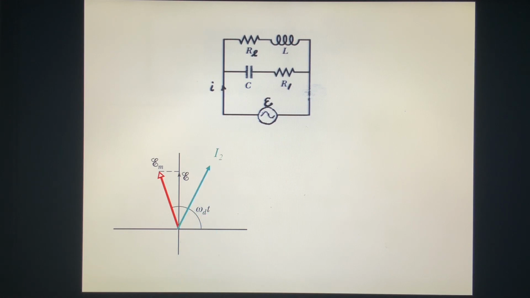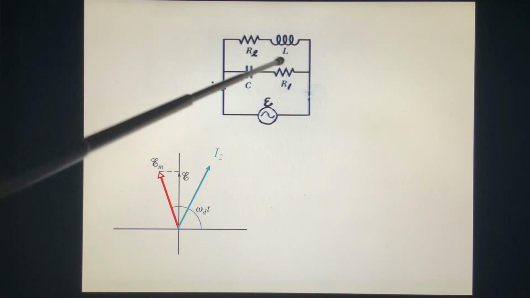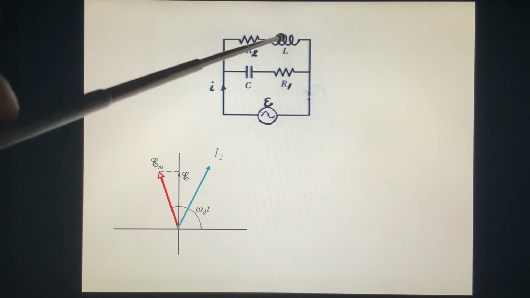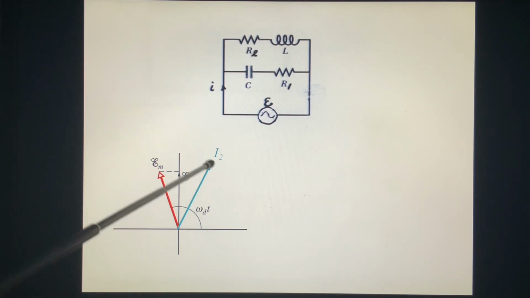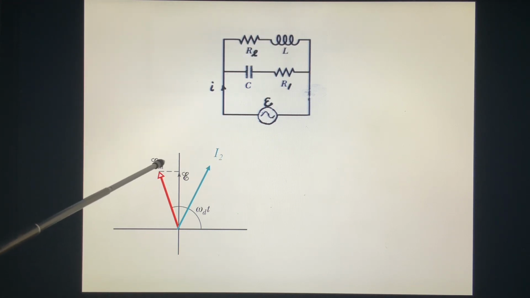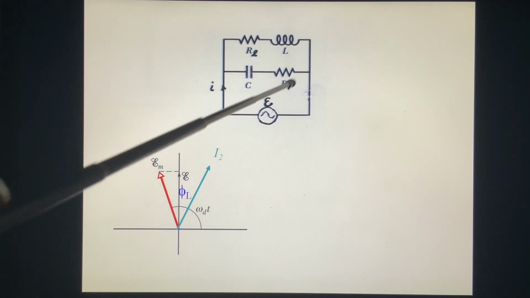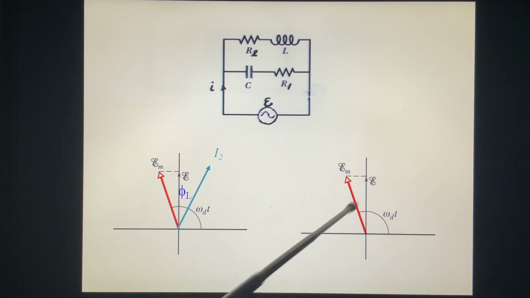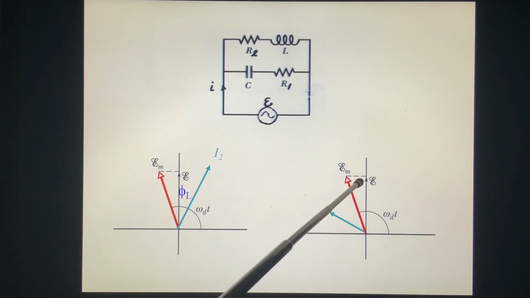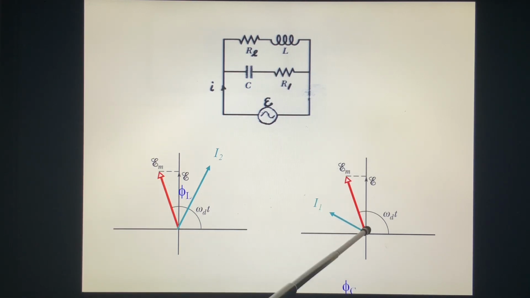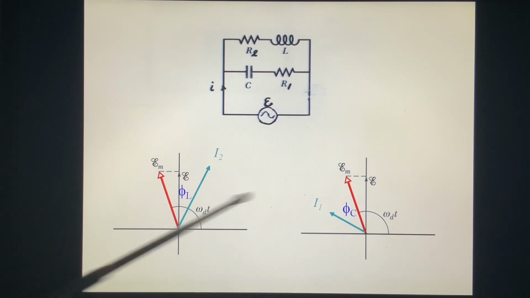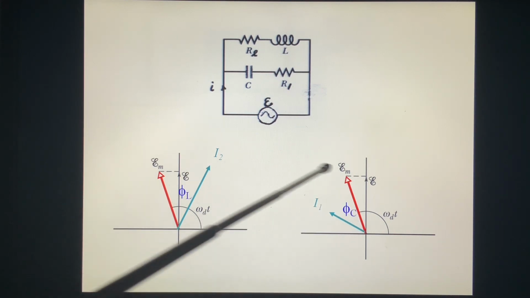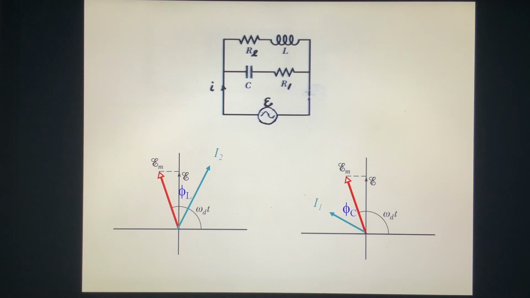This circuit 2 has an inductance, so the current lags behind E by phi L. And in circuit 1, the current is leading E by phi C. We take E as the same, combine I1 and I2, and we get the I. That's the principle.